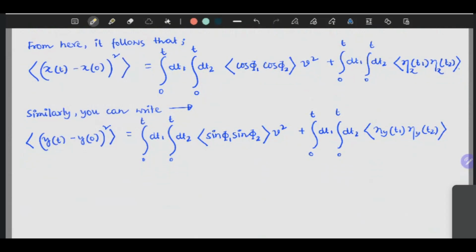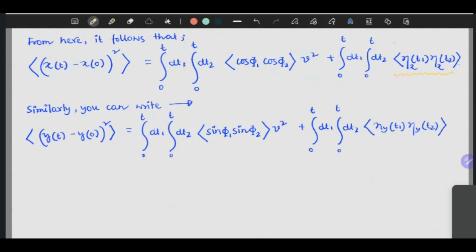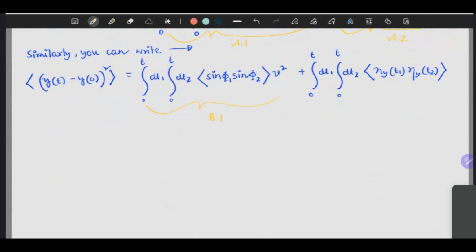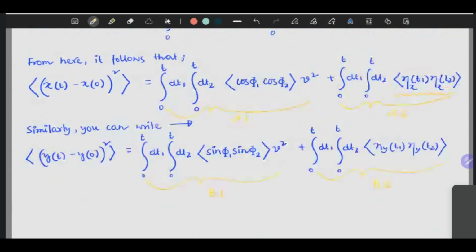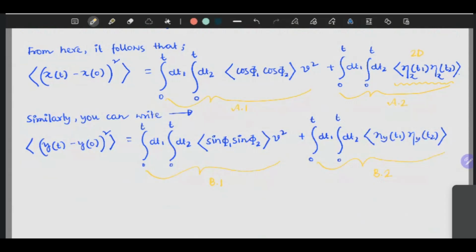Now let's term these terms a.1 and a.2, similarly b.1 and b.2. The average of this becomes 2D delta of t1 minus t2, and this also becomes 2D delta of t1 minus t2. So a2 and b2 are similar, so we will calculate that later, because that will give the same thing. And you can also promptly say what this value will be. Okay, so let's first solve a2 and b2. a2 and b2 are the same, right?